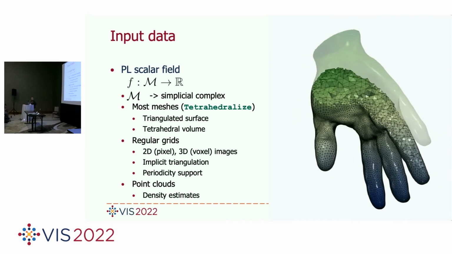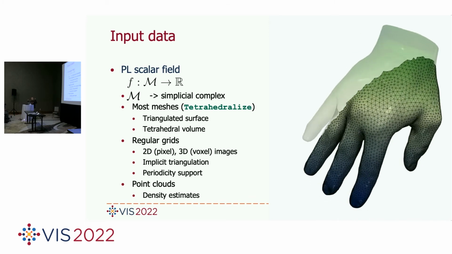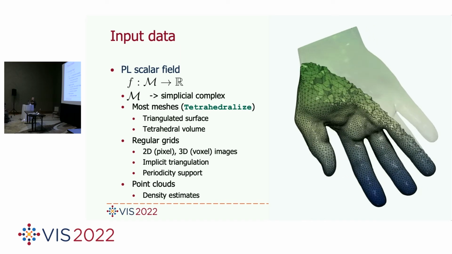For each of those, we have values stored on the vertices, the individual corners of those tetrahedra and triangles. That gives us enough information to interpolate the data on the inside using linear interpolation, hence the name piecewise for each tetrahedron and linear for the linear interpolation.